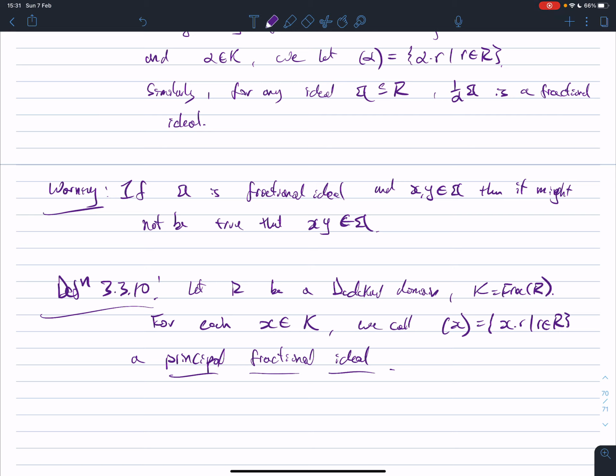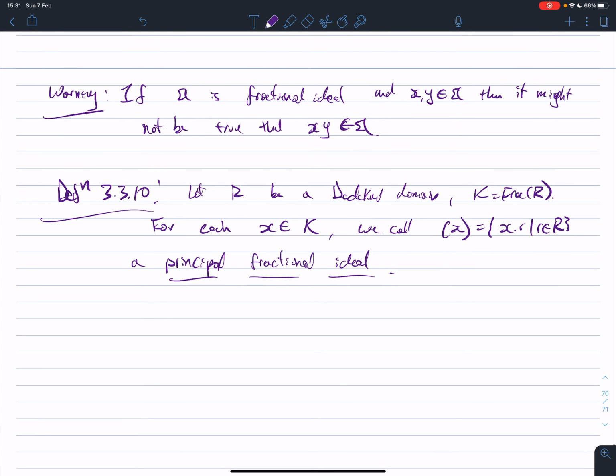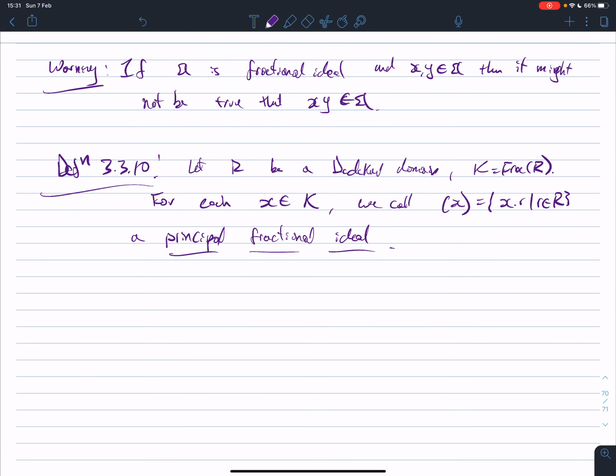Okay. So this extra freedom that we have by working with fractional ideals and not ideals allows us to make a group out of this set. So we can make a group out of the set of fractional ideals. So here's a proposition, 3.3.11.